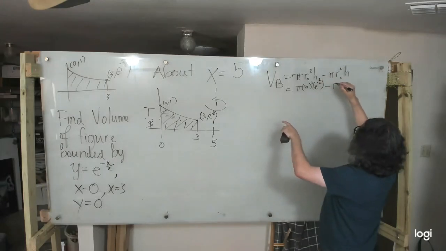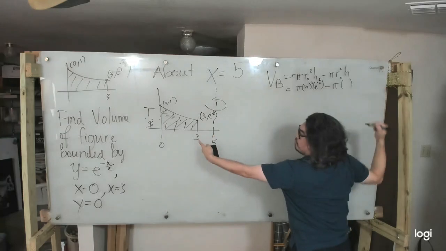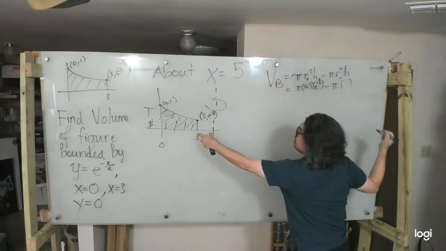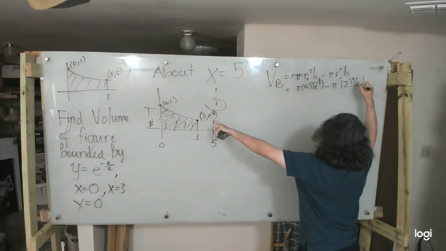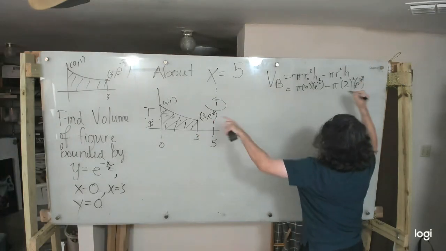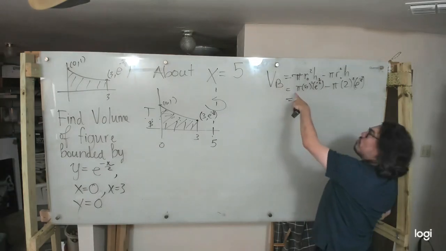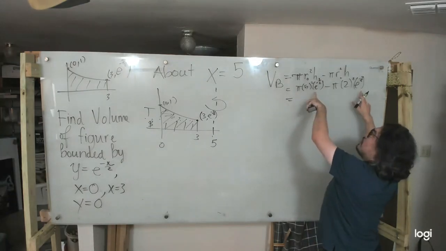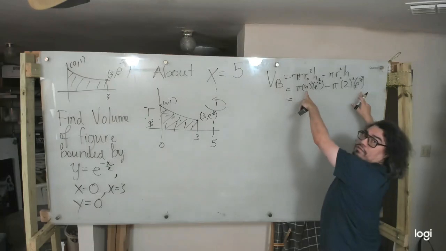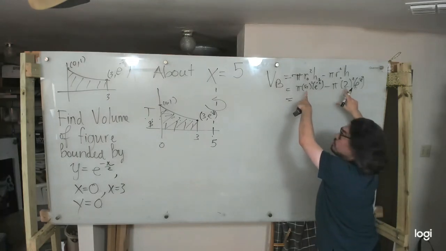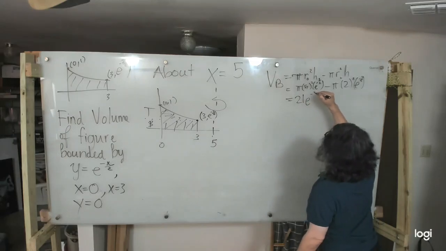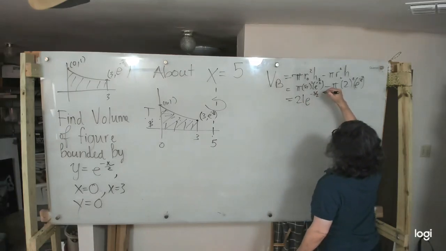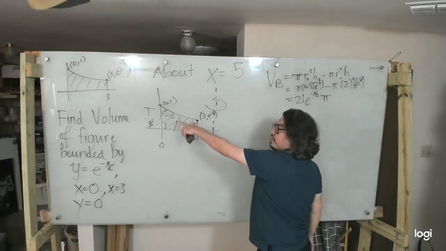And then minus pi, the r inner, from 3 to 5. 5 minus 3 is 2, so that inner radius is 2 squared, times the height, which is also e to the negative 3 halves. So you can see here, I can factor out a pi, I can factor out an e to the negative 3 halves, and I get 5 squared, which is 25, minus 2 squared, which is 4, which is 21. So I get 21 e to the negative 3 halves pi as the volume of the bottom, right?